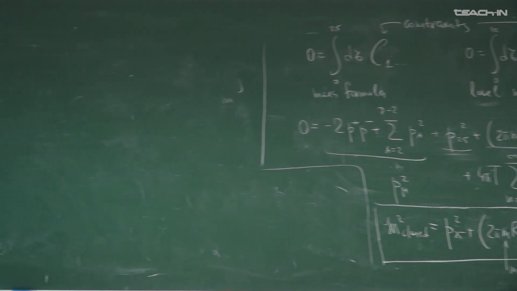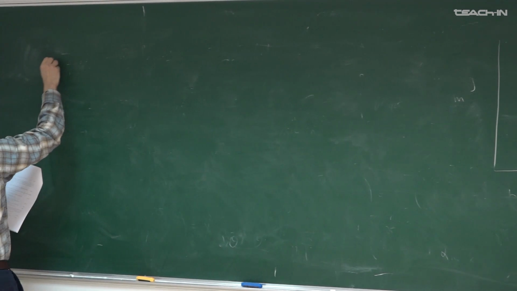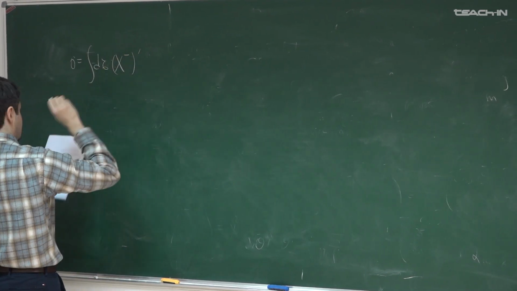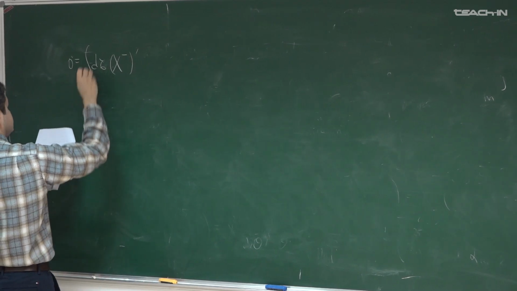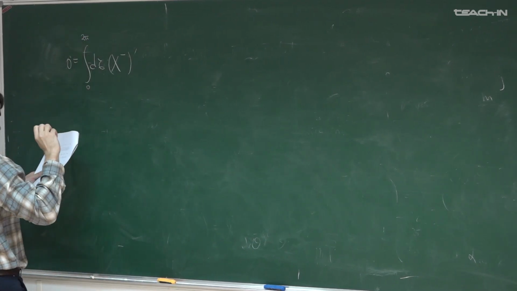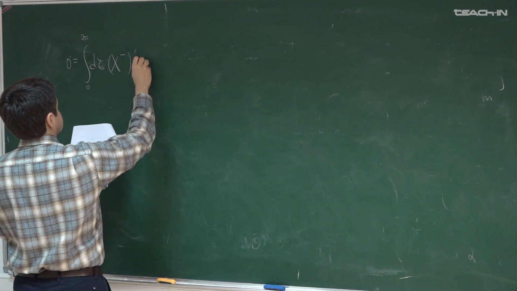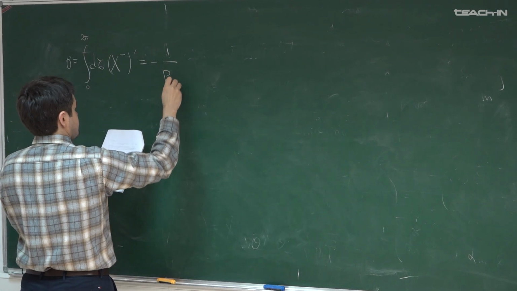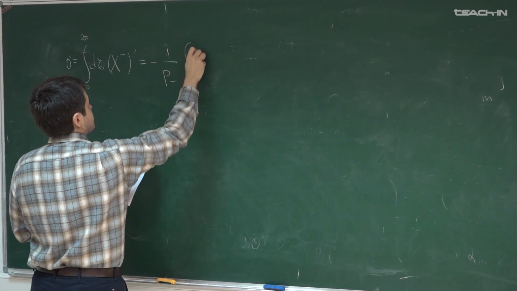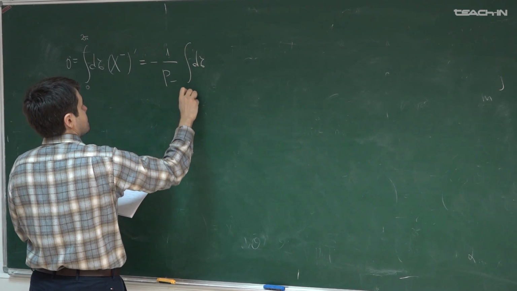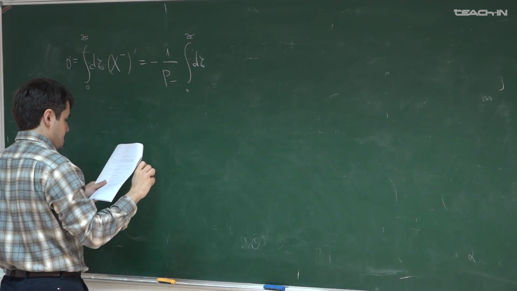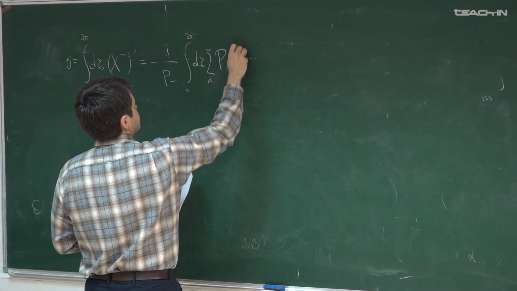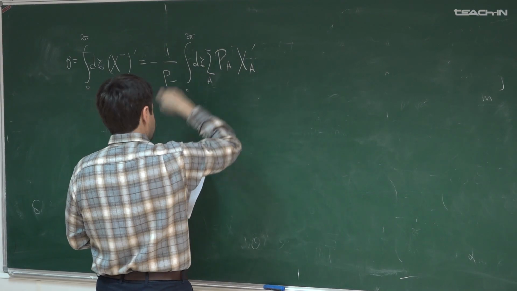So the level matching constraint comes from integrating the x minus prime, the P X prime.